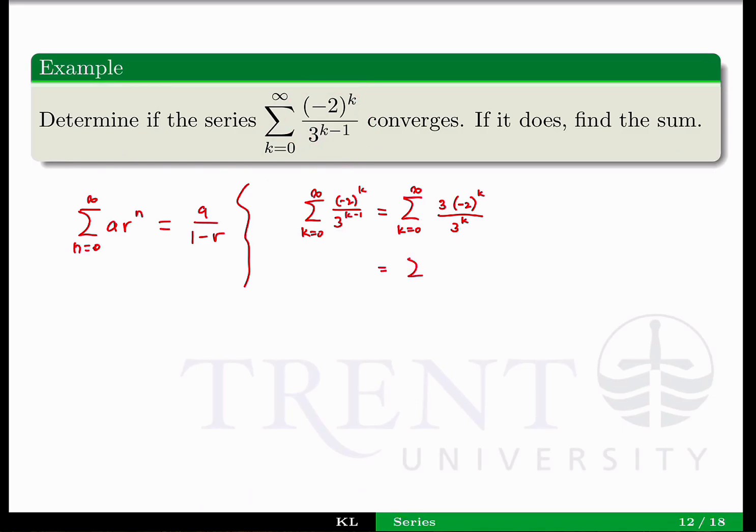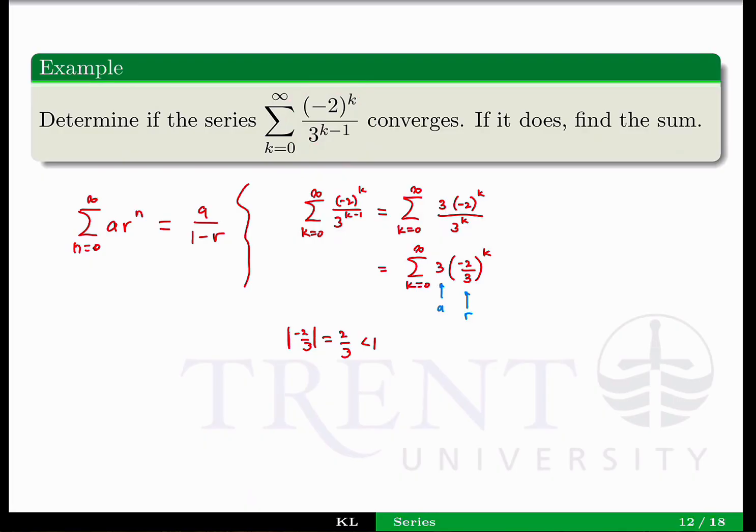Furthermore, we can rewrite this as the sum from k equals 0 to plus infinity of 3 times negative 2 over 3 to the power k. So this becomes our a, and this becomes our r. The absolute value of negative 2 over 3 is 2 over 3, which is less than 1.